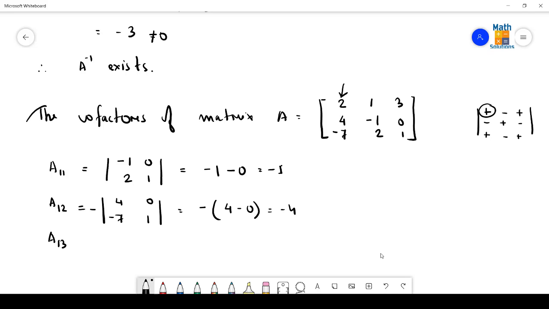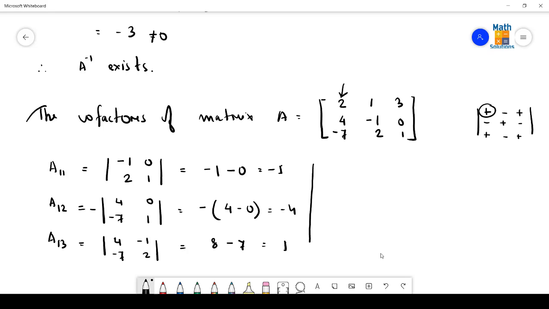Then A13, for this I have to consider this determinant: 4, minus 1, then minus 7, 2. The result will come as 8 minus 7, it is 1 ultimately. So these are the cofactors of the elements along the first row.